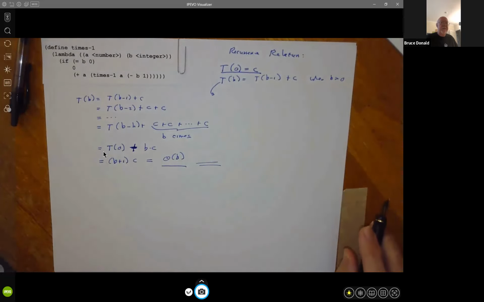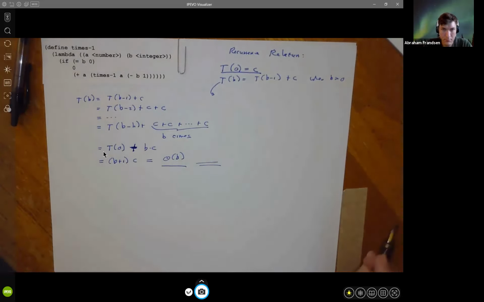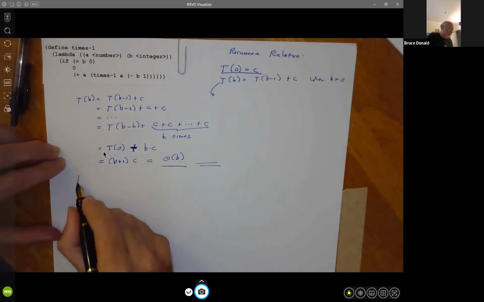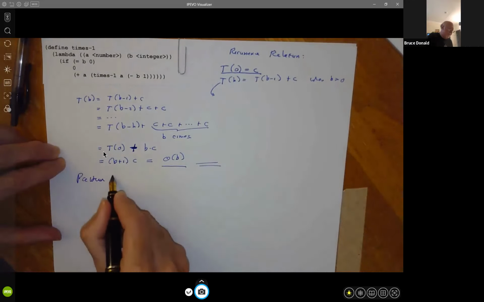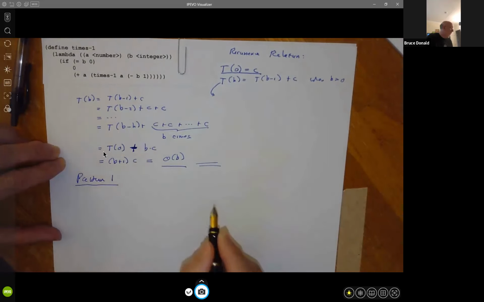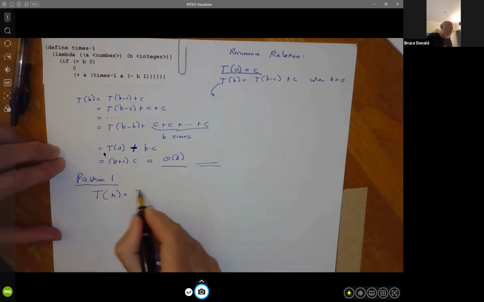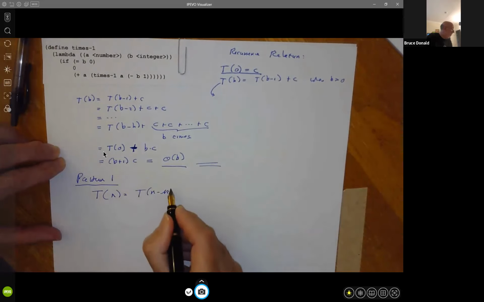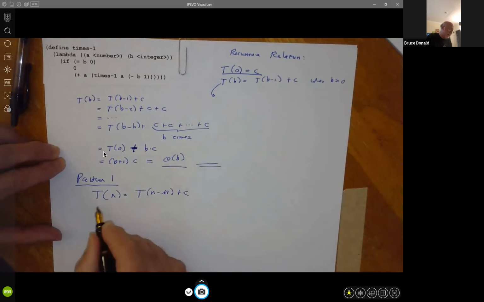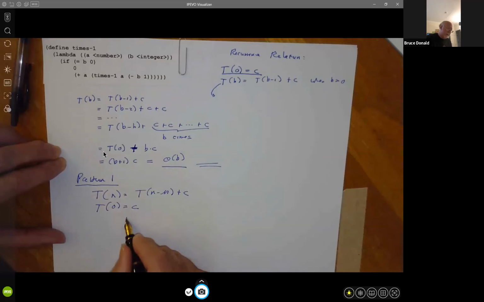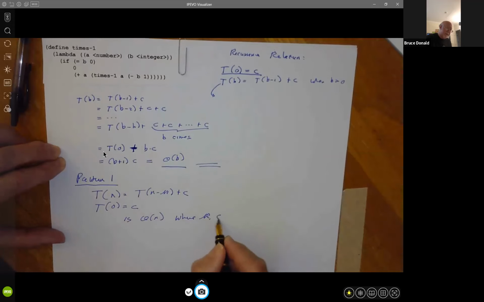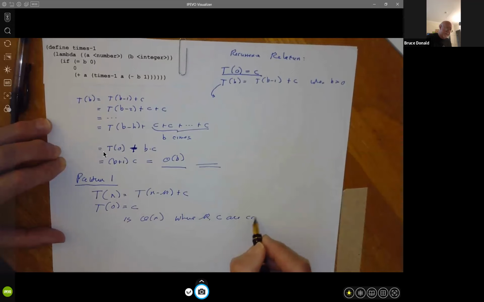So one thing here, now that we've proven this, is a general pattern we can use in lots of places. Let's just call it pattern 1. And this is also on the web. If we have some recurrence relation, T of n equals T of n minus k plus C, where k is a constant, and of course we have T of 0 equals C, this is order n, where k and C are constants.